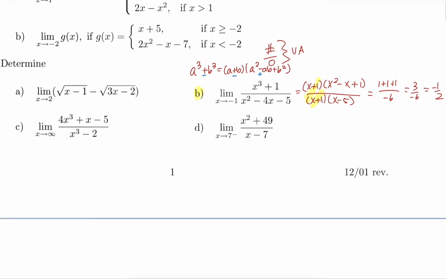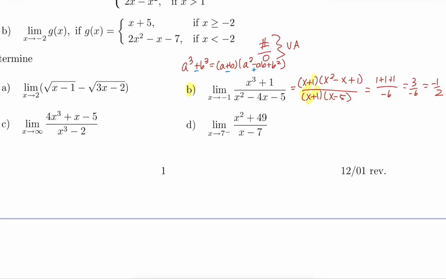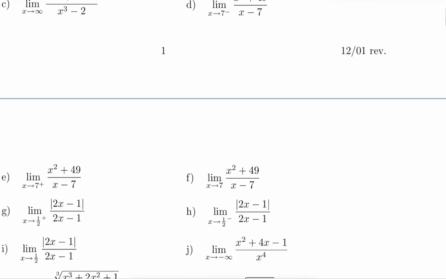But you have to remember how to factor, and only if you get 0 over 0. So always check, is it a vertical asymptote or is it a 0?